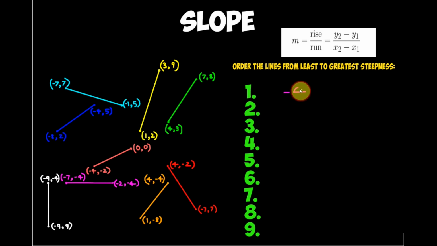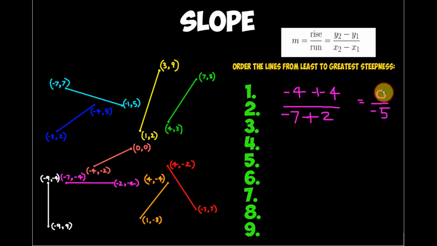So negative 4 minus 4 divided by negative 7 minus negative 2. So when you have double negatives, that just becomes a positive. So I like to do that. And negative 4 plus 4 just becomes 0, divided by negative 7 plus 2, which is negative 5.